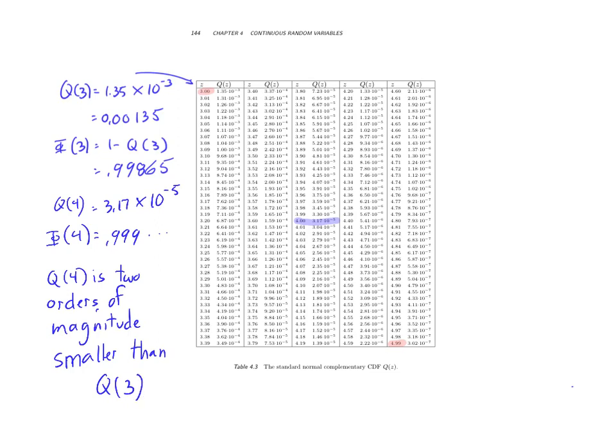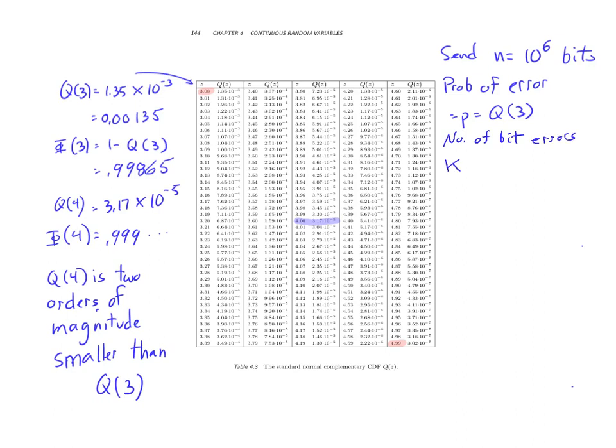In a communication system, 2 orders of magnitude means a lot. For example, if you send n equals 1 million bits, and the probability of error is p equal to Q of 3, then the number of bit errors, a random variable K, is binomial n, p.